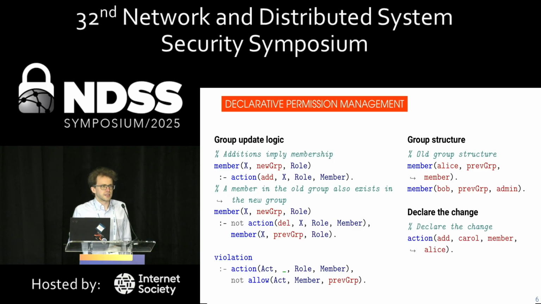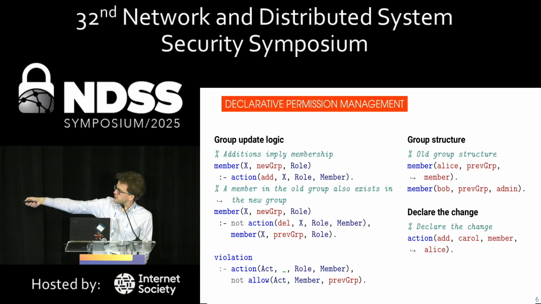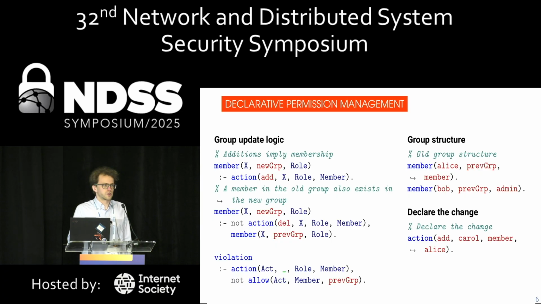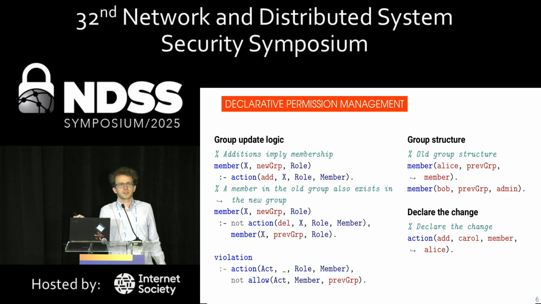And then you declare the action that you want to carry out. We add Carol, we give her the member role, and Alice is the person that adds Carol to the group. Okay, so we now modeled all those things in Datalog.